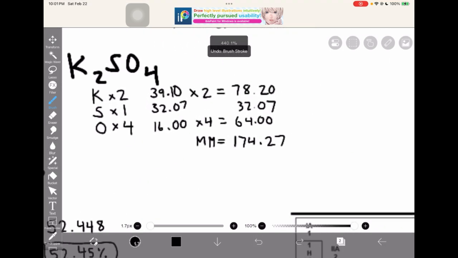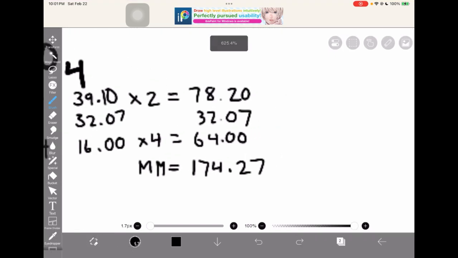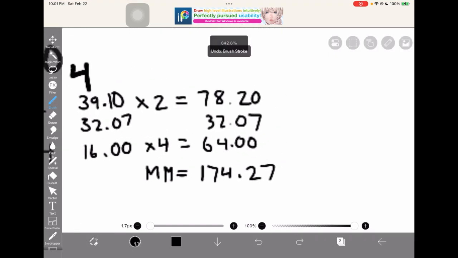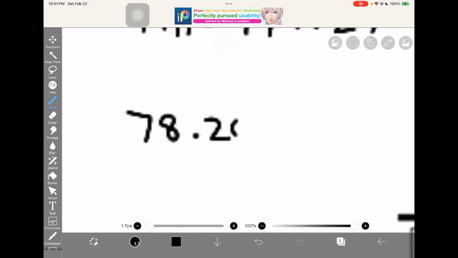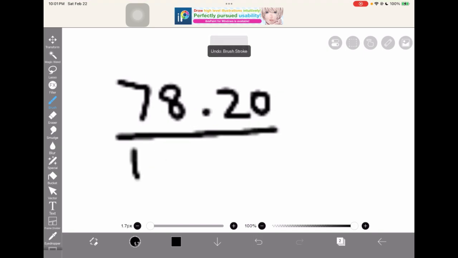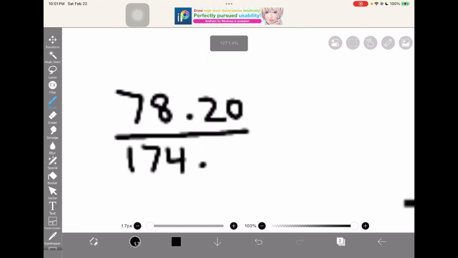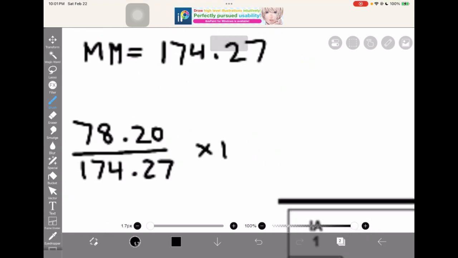We need to find the element's contribution. That's potassium, and it's going to be 78.20 because we have 2 of them instead of 1. Then we just put that over the molar mass of 174.27. Then we times that by 100.